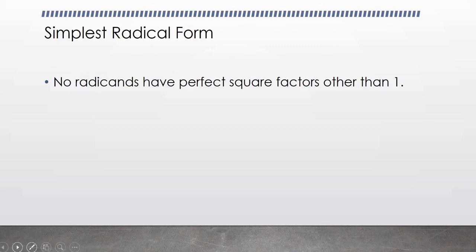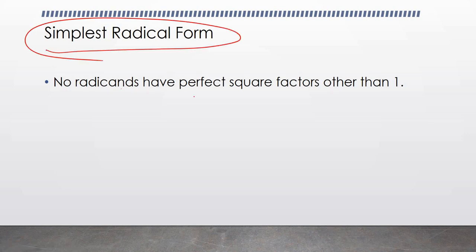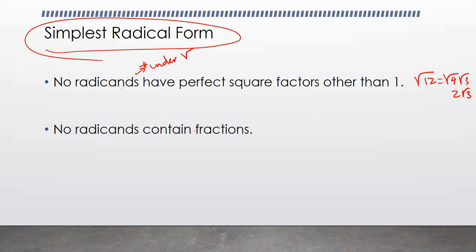The last thing to look at is our rules for simplest radical form. In order for a radical to be simplified, no radicands, that's the number under the radical, or under the square root sign, no radicands can have perfect square factors. We talked about that when we took the square root of 12 and changed it to root 4 times root 3.